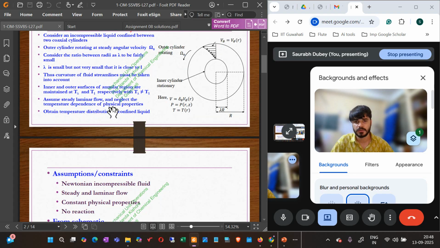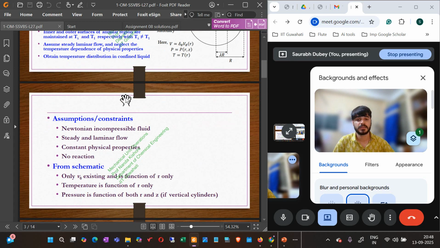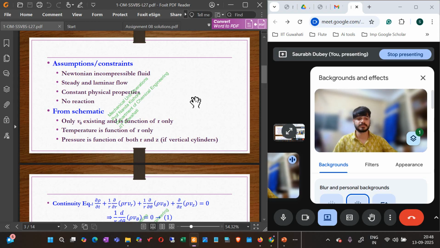Okay. So assume steady laminar flow and neglect the temperature dependencies of the physical properties, and obtain the temperature distribution in the confined liquid. So the assumptions that you are making are Newtonian incompressible fluid, steady and laminar flow, constant physical properties, and there is no reaction in the system, right?